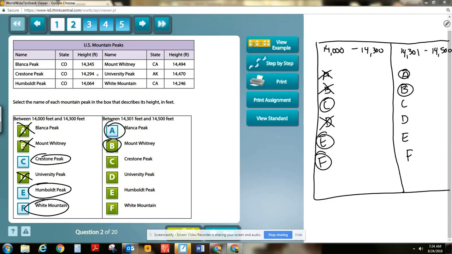How about this one? 200 here, right? Well, that's not in between. That's less. So it's not C. Cross that off. Oops. Sorry, guys. We said we could go to circle to University Peak. Checking here between 301 and 500.